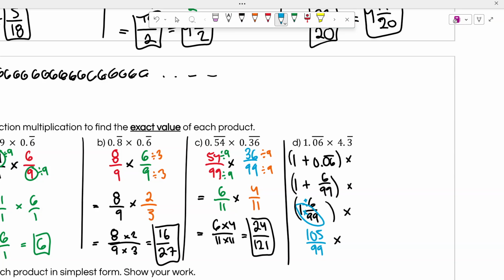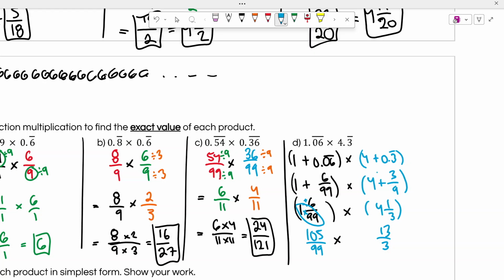In a similar way, we're going to say that 4.3 repeating is 4 plus 0.3 repeating. 0.3 repeating is 3 over 9. And that's really the mixed number 4 and 3 over 9. I'm going to go ahead and recognize that 3 over 9 is 1/3, just to keep my numbers smaller. 4 times 3 is 12, plus 1 is 13 thirds. And that's what I want to multiply that by.